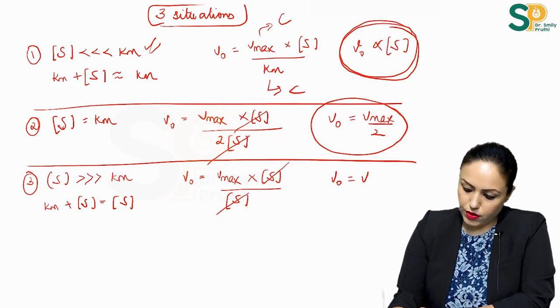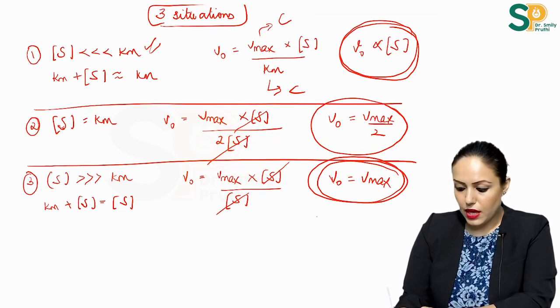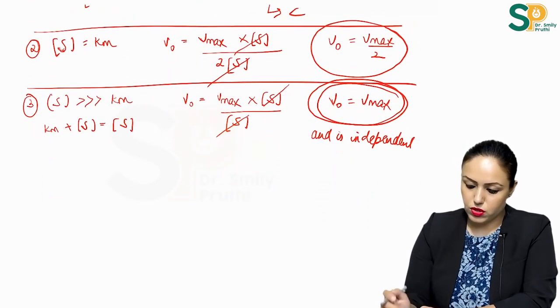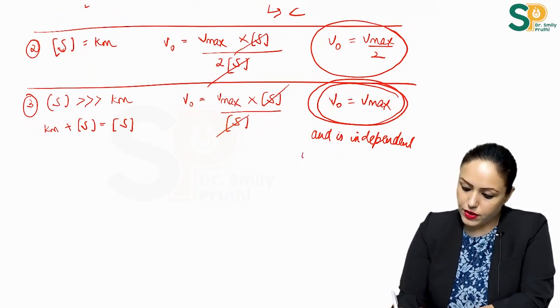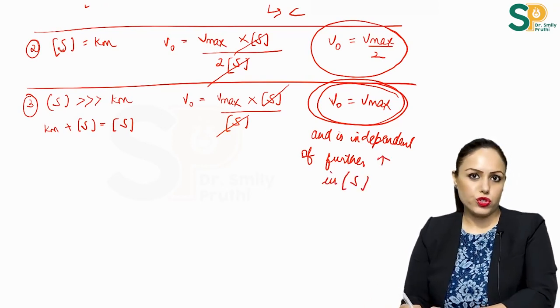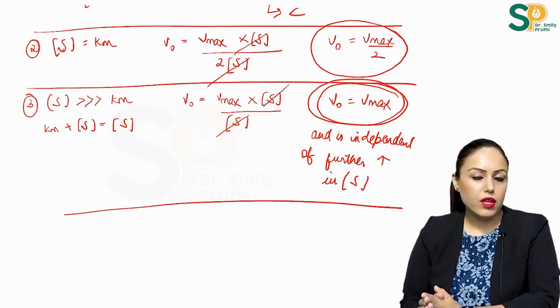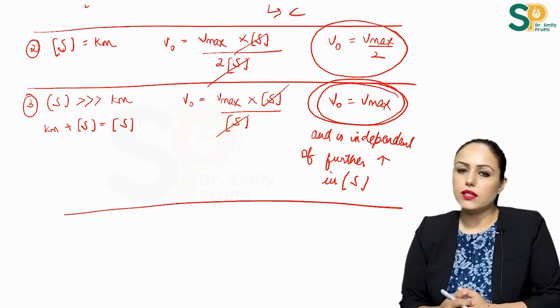So at this point, velocity is the maximum velocity, that is Vmax, and is independent of further increase in substrate concentration, right? So these are the three situations which we have taken and derived, and I have told you all these things earlier.